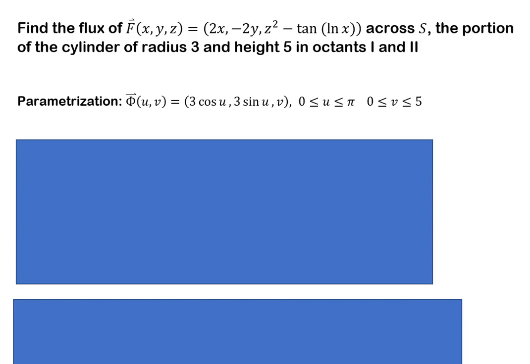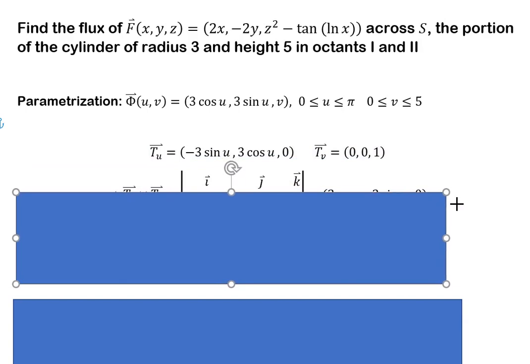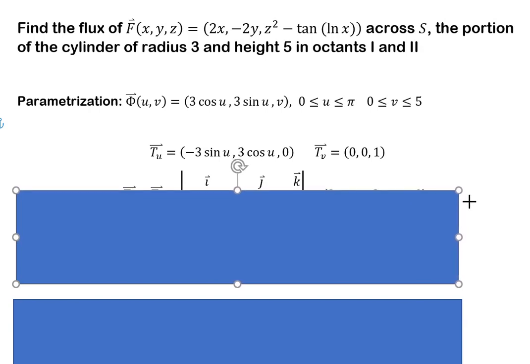So my bounds for the variable u here are going to go from 0 to pi. Just like the previous problem, we need to find those tangent vectors, t sub u hat and t sub v hat. Again, pretty straightforward to calculate, just using basic calculus 1 derivatives.